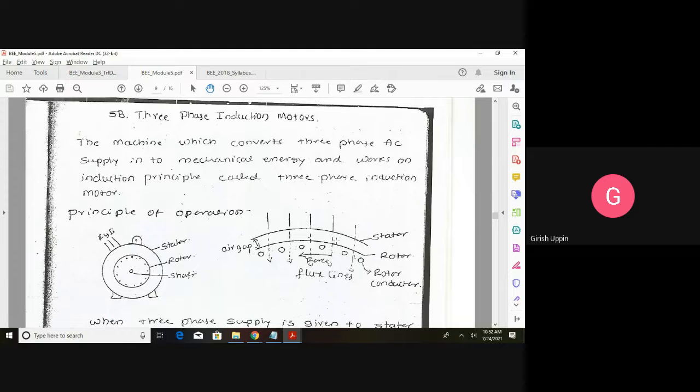What is a three-phase induction motor? A three-phase induction motor converts three-phase AC supply into mechanical energy, and it works on the induction principle.